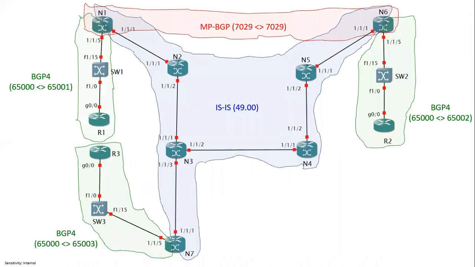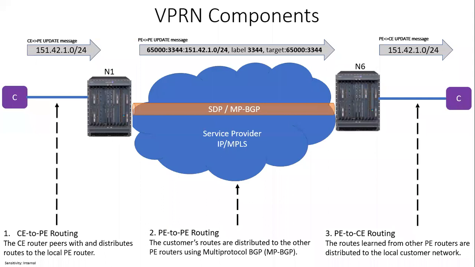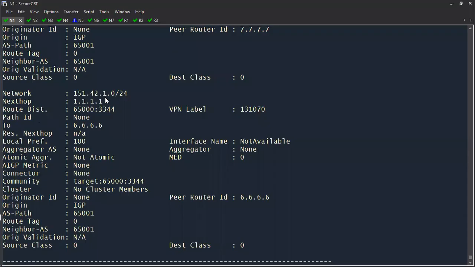Let's go back to the PowerPoint. This PE to PE update message is what we're looking at right now. So just to go back, we have our route distinguisher 65,000:3344.